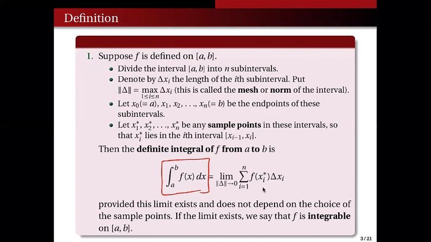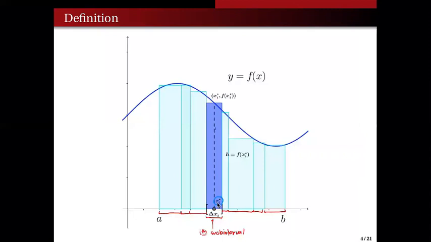And also, in here, we have chosen some sample point in this part. If I have chosen another sample point in the same interval, maybe this guy here, and I get the limit of the Riemann sum, I should get the same answer as the one I would get if I chose the sample point to be here on this subinterval.